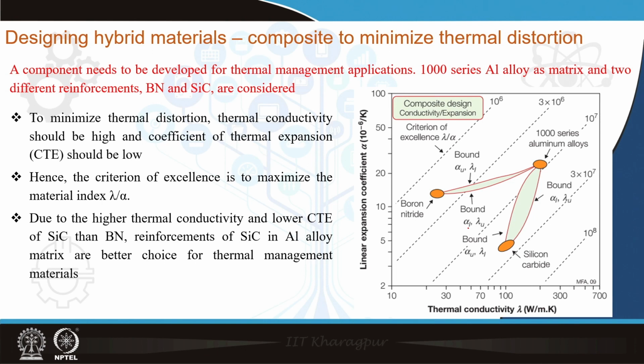As a result, a composite between aluminum and silicon carbide is more appropriate for reducing thermal distortion than a composite between aluminum alloys and boron nitride as a reinforcement. So, I have shown you two different options of optimizing the composite's properties by proper selection of composite constituents.